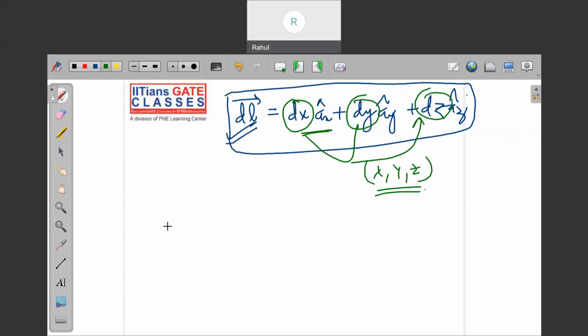Now if I talk about differential area, what is differential area? What is area first?